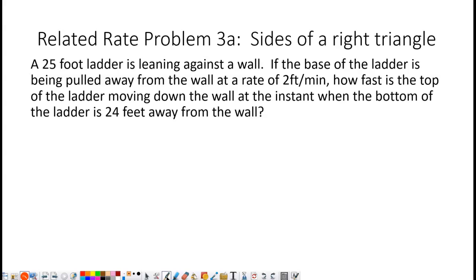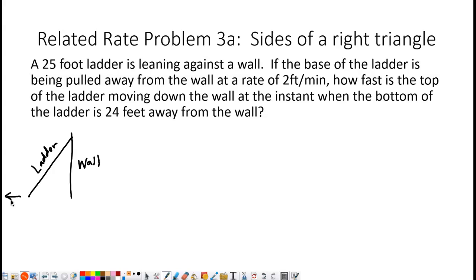But basically what's happening is you have a wall. And you have a ladder leaning against that wall. Now what's happening is somebody's pulling the bottom of this ladder away from the wall.